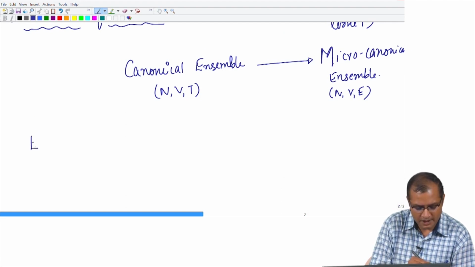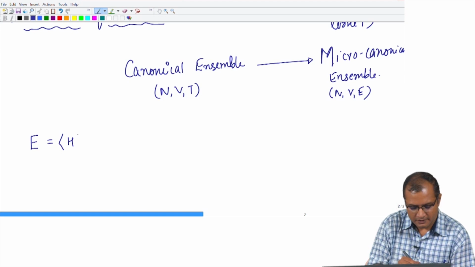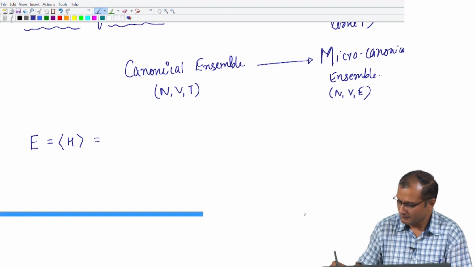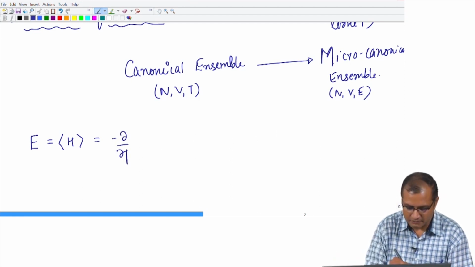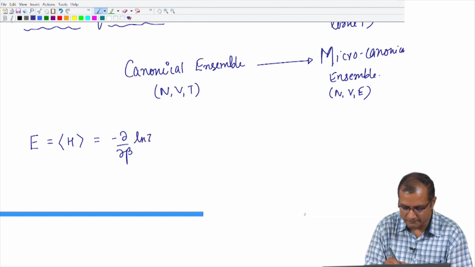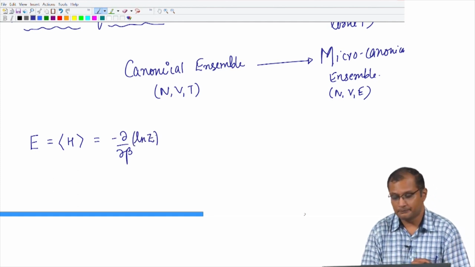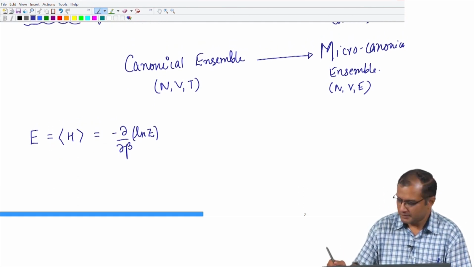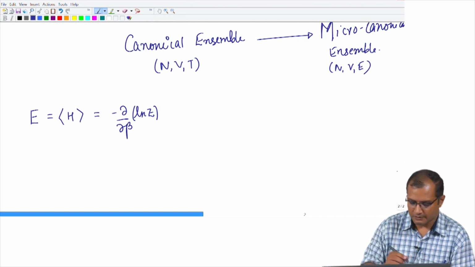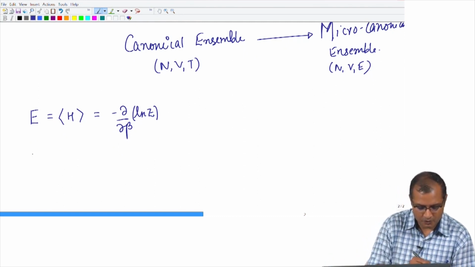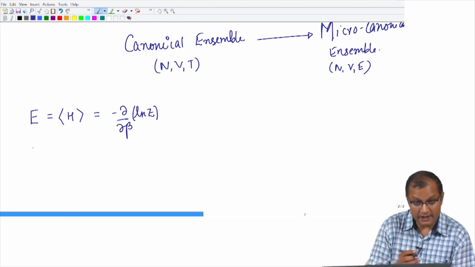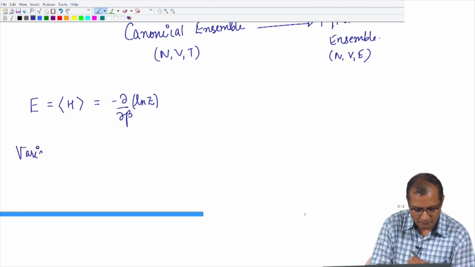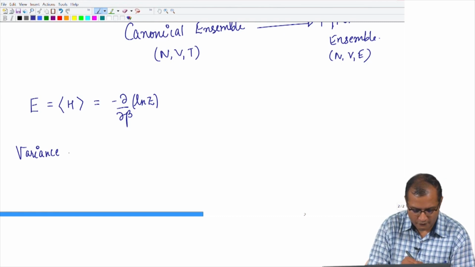So, I have already computed E, which is the average of the Hamiltonian, and that was shown to be minus d over d beta of ln Z. We can also compute what is the variance or width of energy.